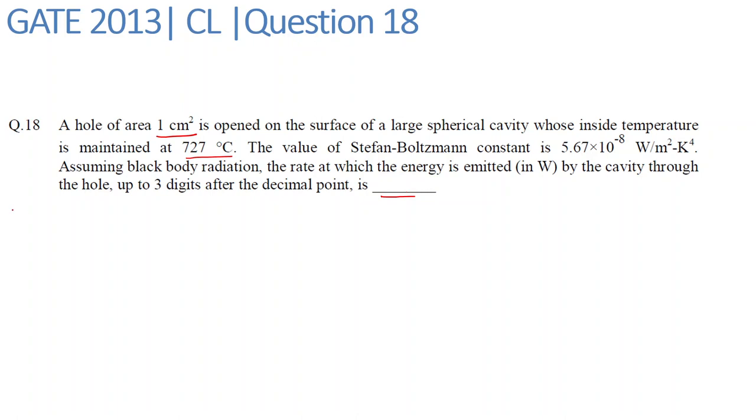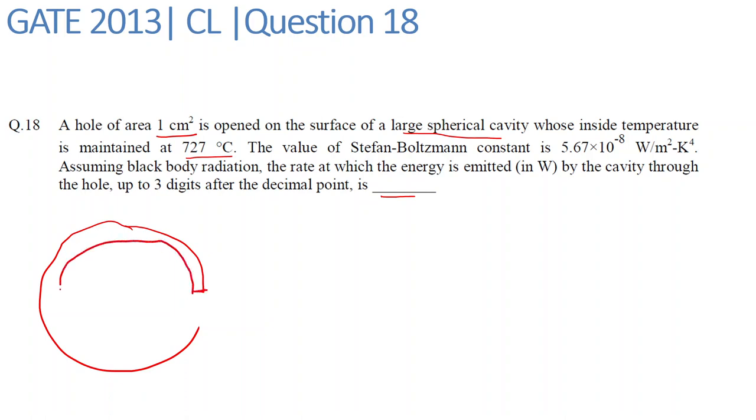So in this question we have been given a large spherical cavity. So let us consider this large sphere. This is our spherical cavity in which the area of the hole is 1 centimeter square, that is 10 raised to minus 4 meter square, and the inside temperature is maintained at 720 degrees Celsius, so that is 1000 Kelvin.